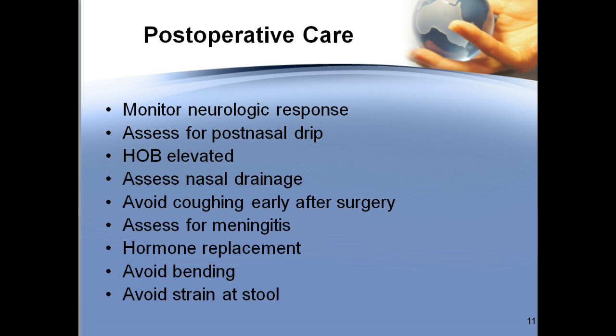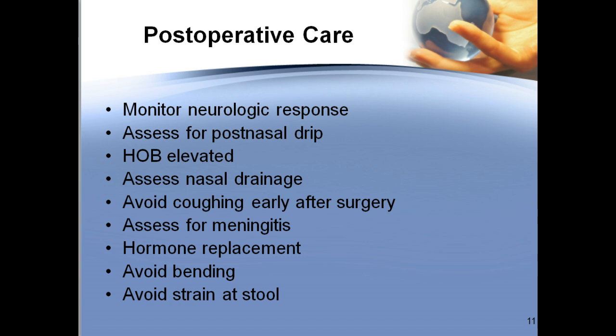You want to assess for meningitis, and any hormone replacement that may be needed, because it depends on exactly which hormone was overacting. Was it the growth hormone, prolactin, thyroid stimulating hormone, or something like that? You want to avoid bending, because you want to assess for increased cranial pressure and be careful about that.